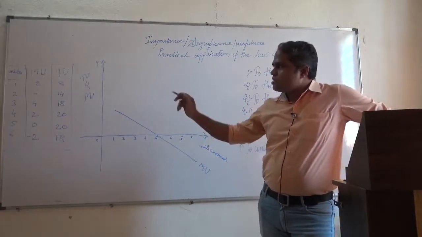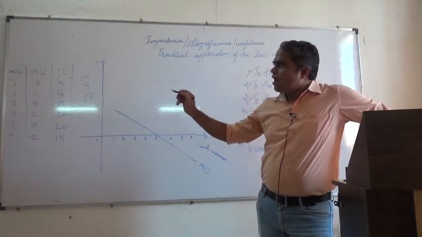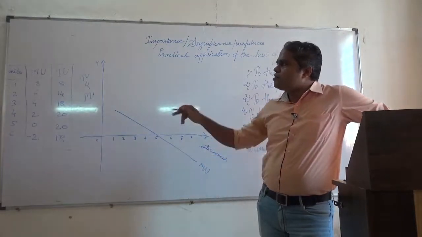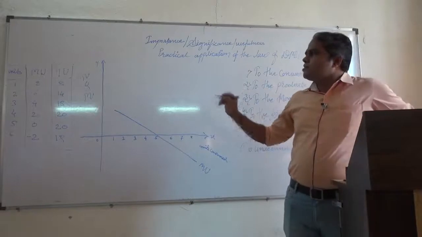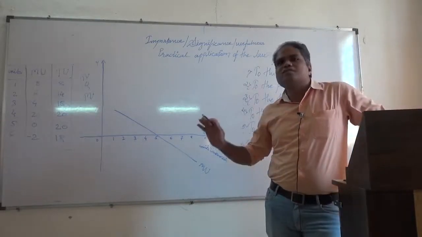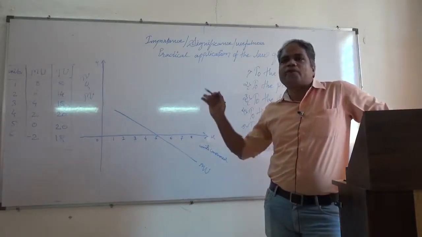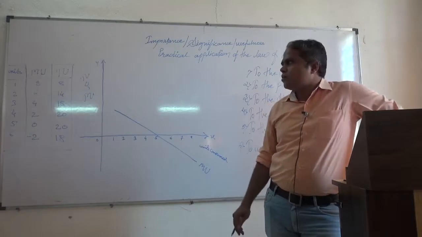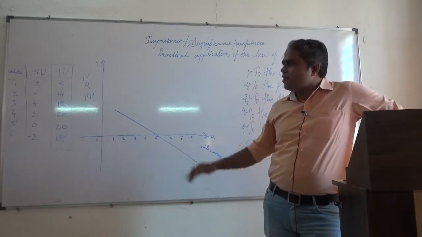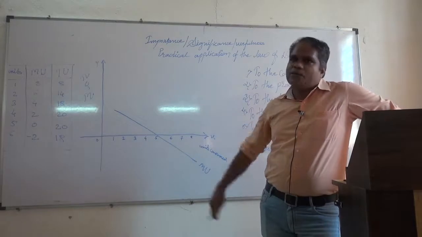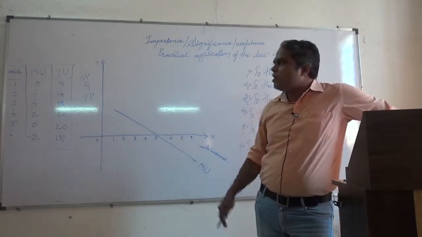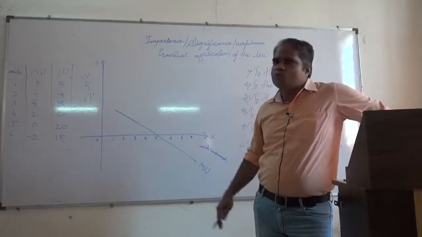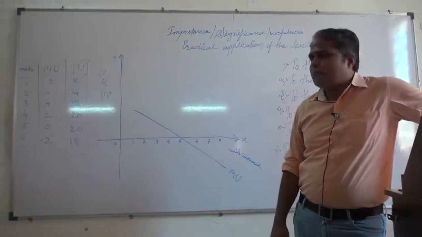In this schedule we can observe that at the fifth unit of apple, the consumer derives 0 satisfaction. It means the fifth unit shows the consumer equilibrium, the point of satiety. The consumer does not want to consume less than the fifth unit, and does not want to consume more than the fifth unit of apple.